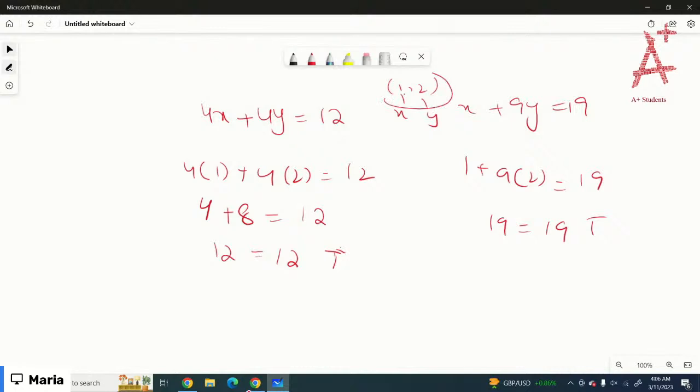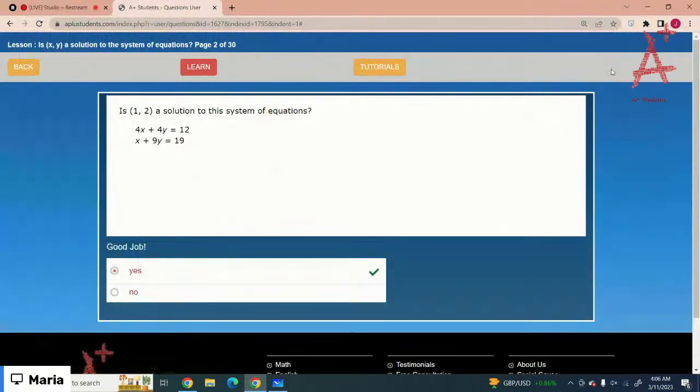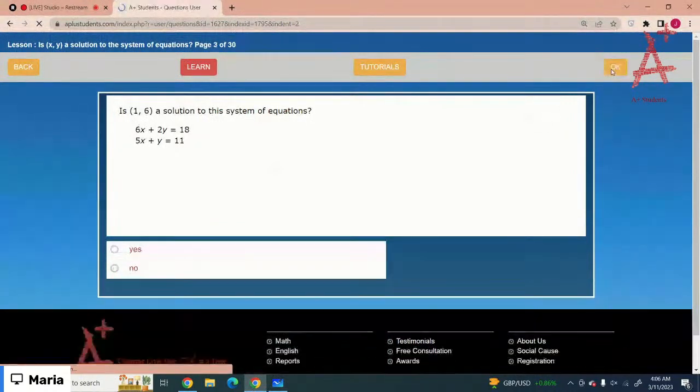That means yes, (1, 2) is the solution of the given system of equations. So the correct option is yes. Okay, the next one is: is (1, 6) a solution of the system of equations?